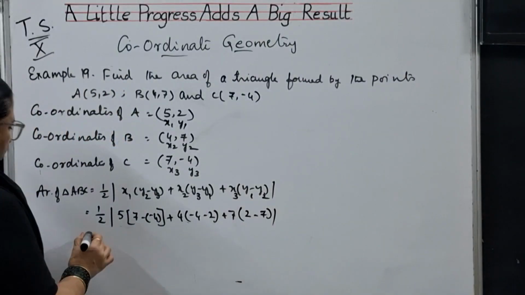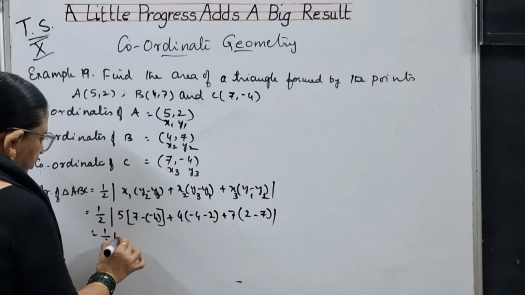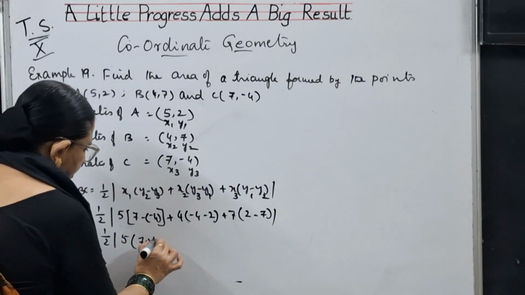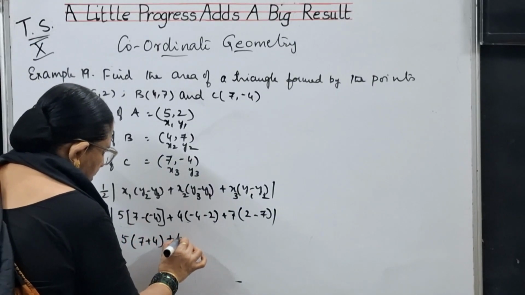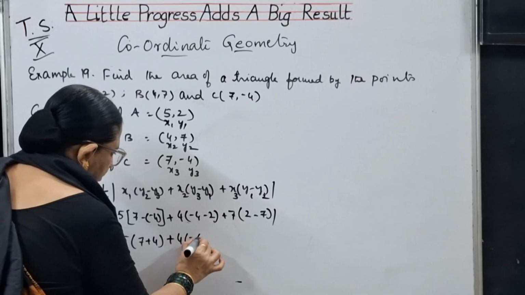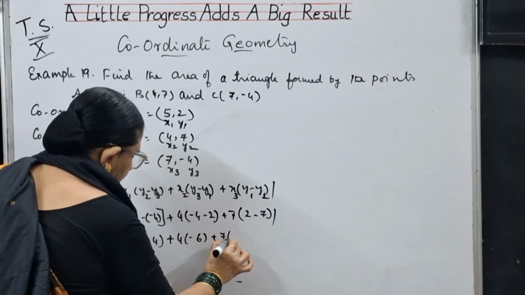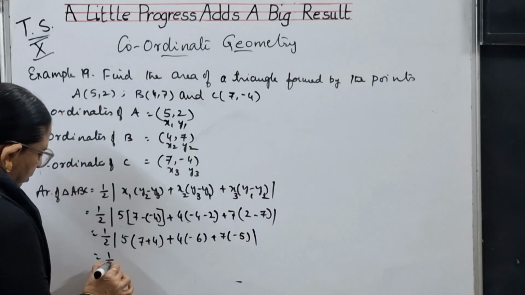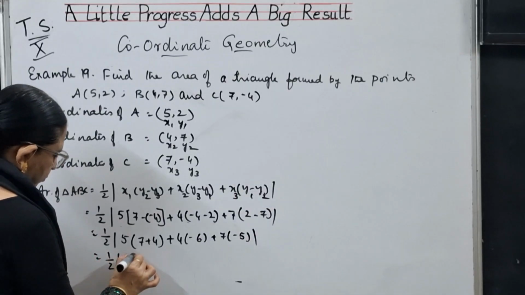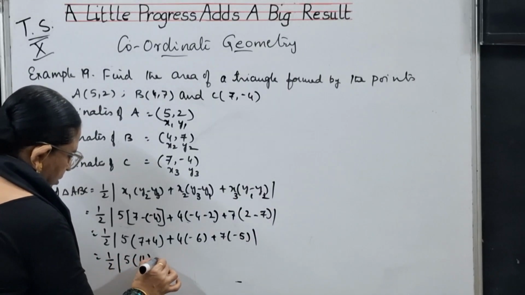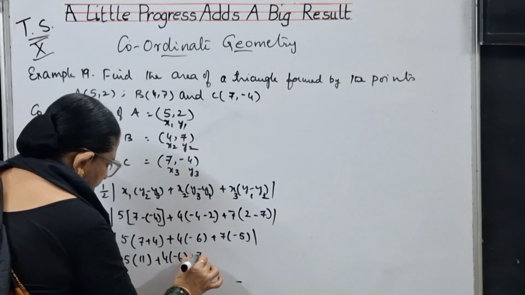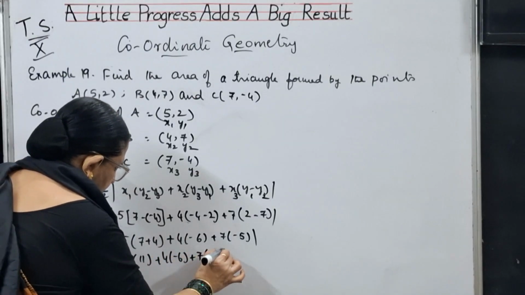So let us simplify. Half modulus 5 into 7 plus 4 plus 4 into minus 6 plus 7 into minus 5. That means half modulus 5 into 11 plus 4 into minus 6 plus 7 into minus 5.